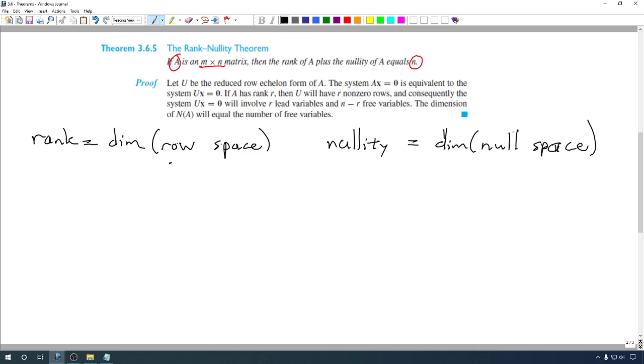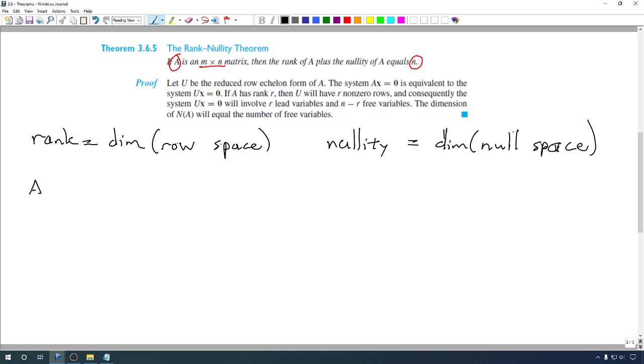Let's think about why this is true, and we'll use some of the details from the proof, but I'll take one of our examples and demonstrate exactly what is going on. This was our second example, problem 3.